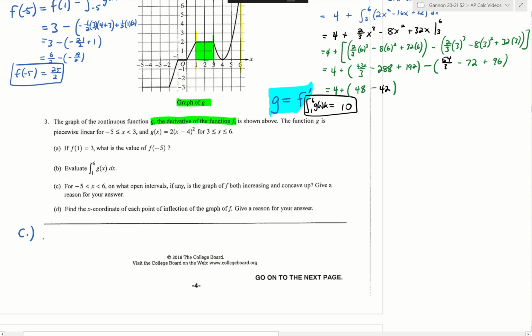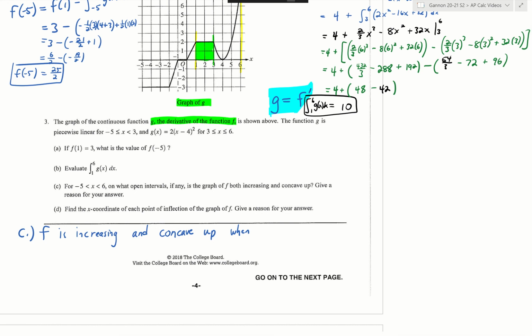All right, f is increasing and concave up when, well, the function's going to increase when the derivative is positive.